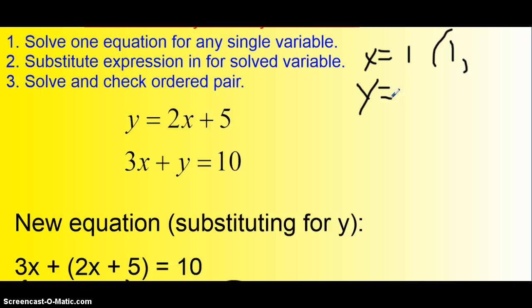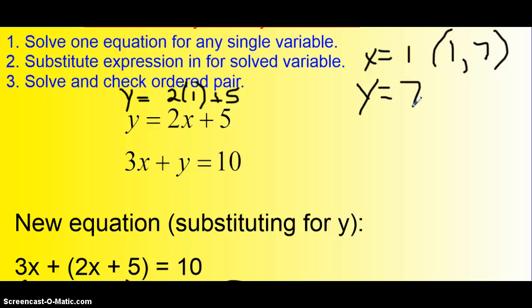I'm just going to do it into the first one. And I would have y is equal to 2 times 1, x is equal to 1, plus 5. Well, I know 2 times 1 is 2, and 2 plus 5 is 7. Now, this is telling me that y is equal to 7. So I would now have a coordinate solution for these two equations of (1, 7).